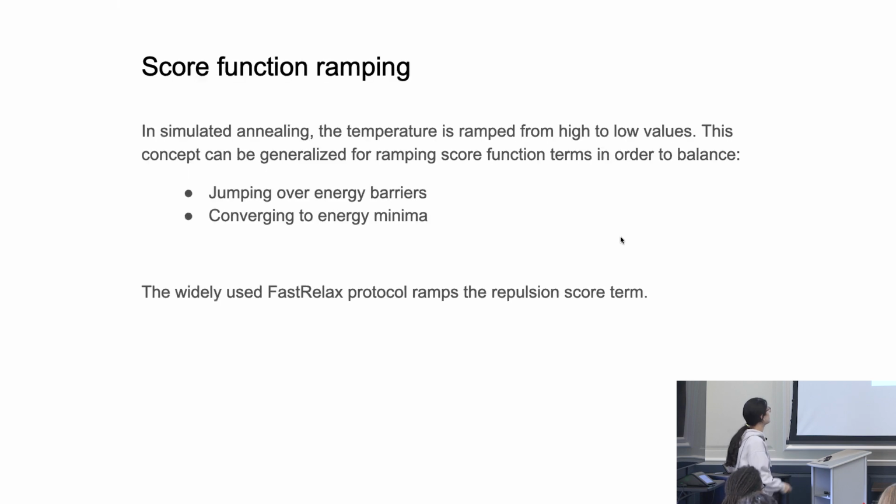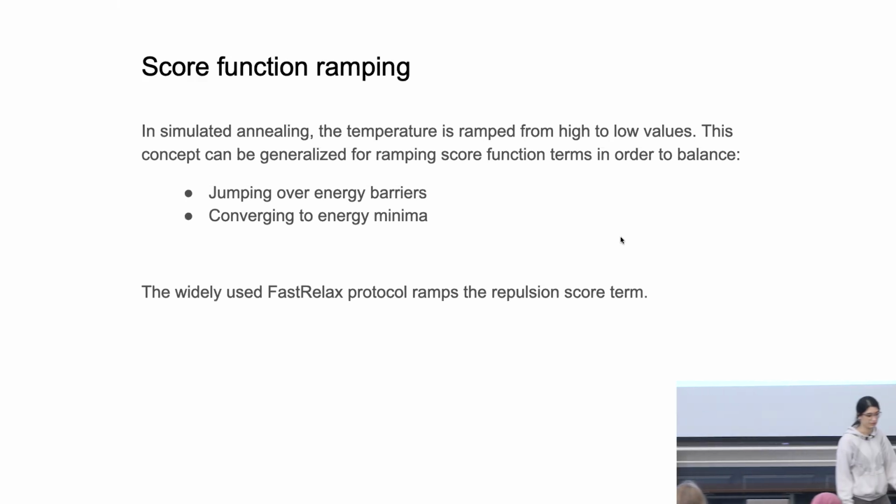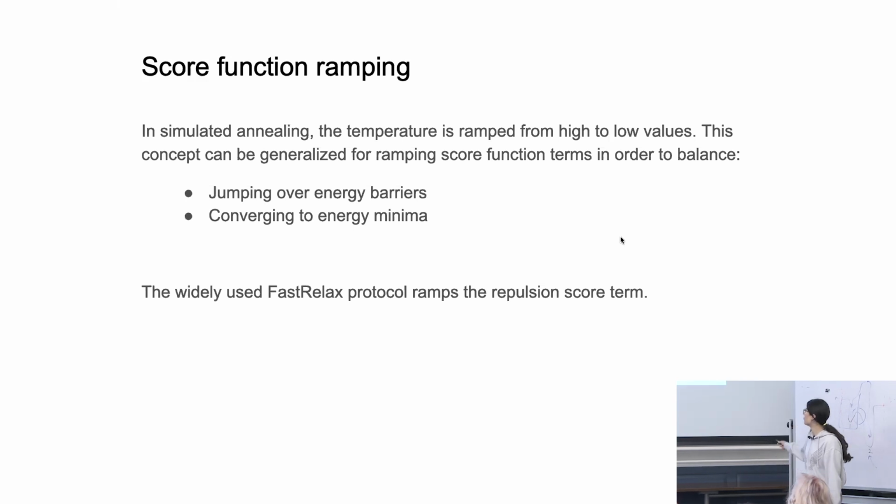What happens is the score function that fast relax uses as criteria for acceptance or rejection for sampling a new state is going to ramp up the repulsion score term. So we talked about Ref15, and we know that there is some energy term that corresponds to just atomic repulsion. And with that, why would we be interested in ramping the repulsion score term at all?